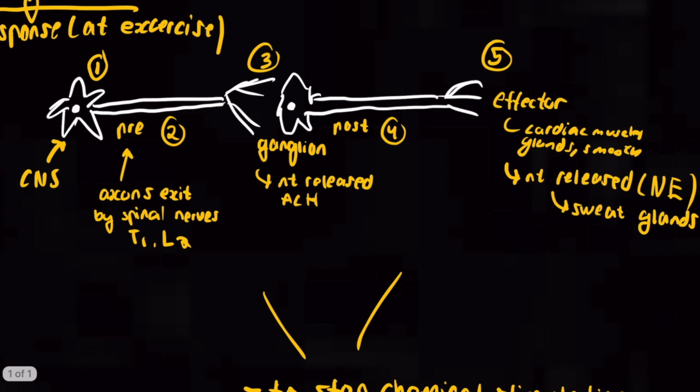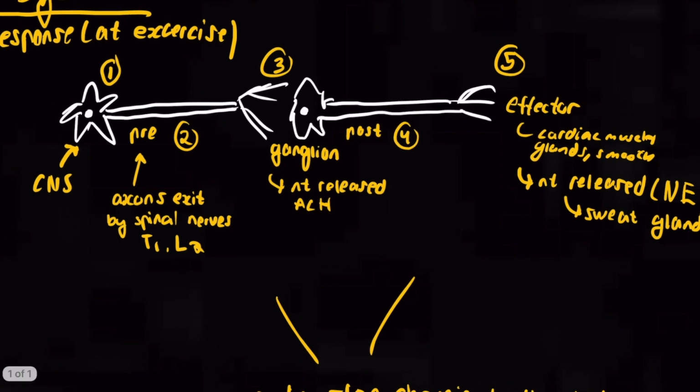So what happens when the sympathetic nervous system is being activated? So here we have our preganglionic neuron and our postganglionic neuron. So these are the two neurons that are involved in the autonomic nervous system in general.